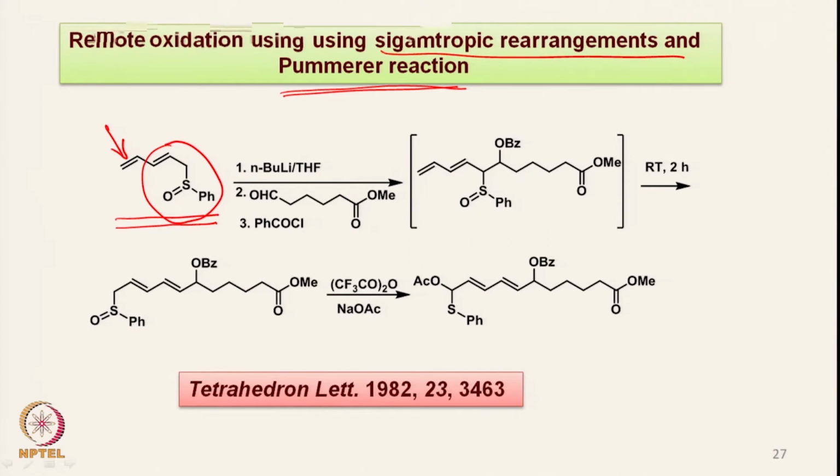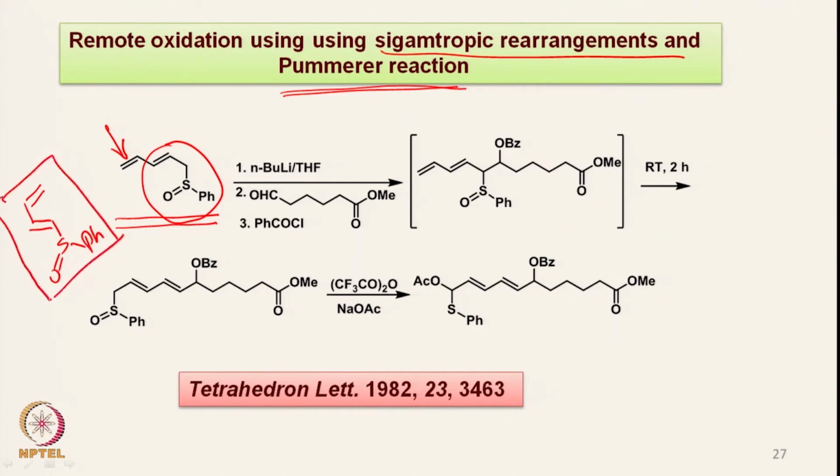In the Diels-Alder reaction case what we had taken was this particular vinyl sulfoxide as a diene where the sulfoxide part was directly attached onto the double bond, which is why it underwent Diels-Alder reaction. But that is not the case here. In this particular case what you would have is allyl sulfoxide rather than vinyl sulfoxide.